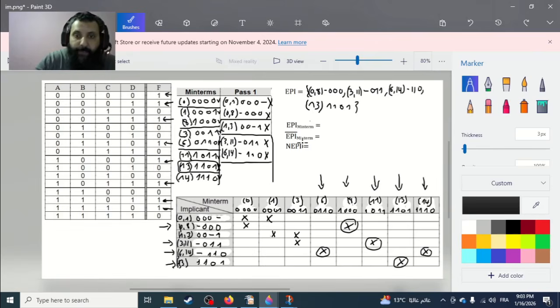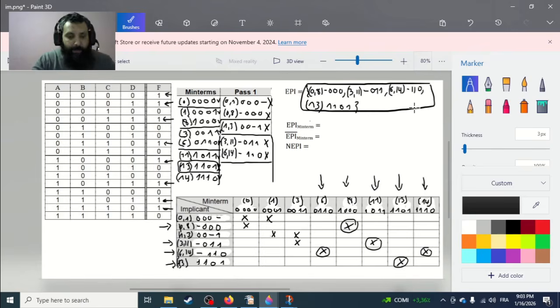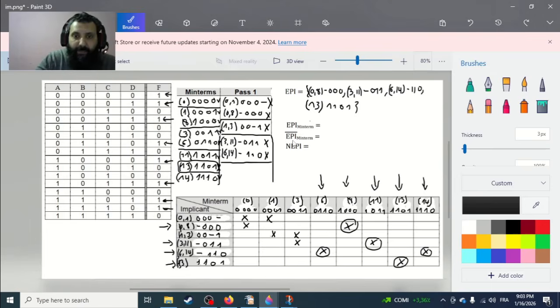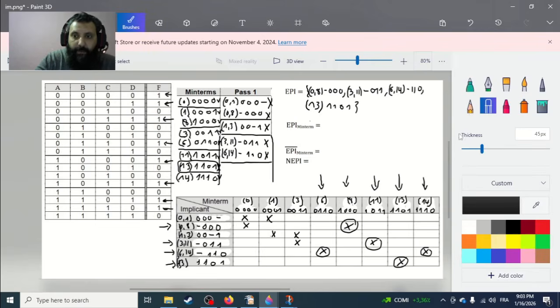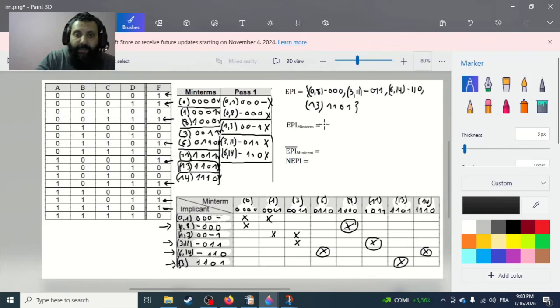We have to extract first the min terms covered by those 4 essential prime implicants. Let's see how many min terms are covered by those 4.